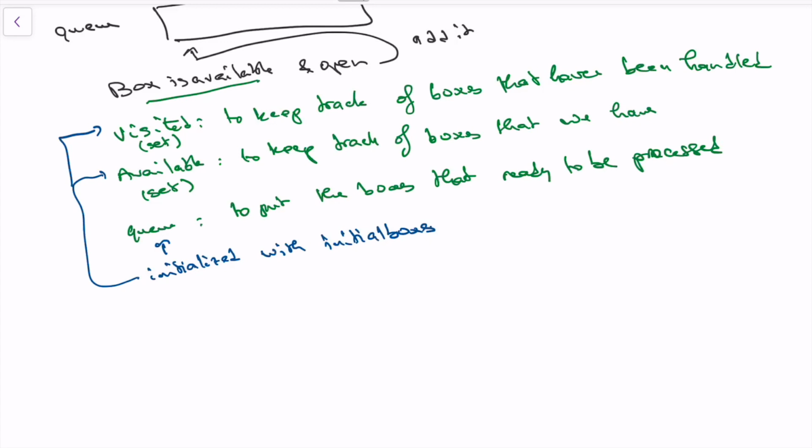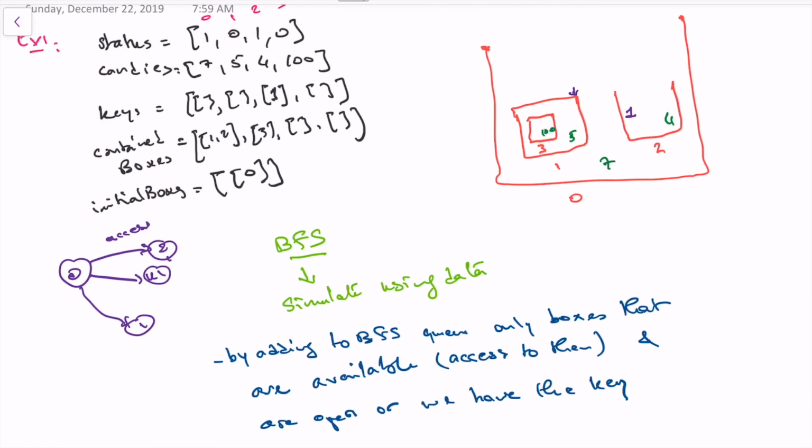And every time we get a box from the queue, we will check the boxes that it contains, because those are now available. We will add them to the available data structures that we have, and then we will check if they are opened. If they are opened, we add them to the queue. If they are not, we don't add them to the queue. And then we will also check the keys in the box that we are processing.